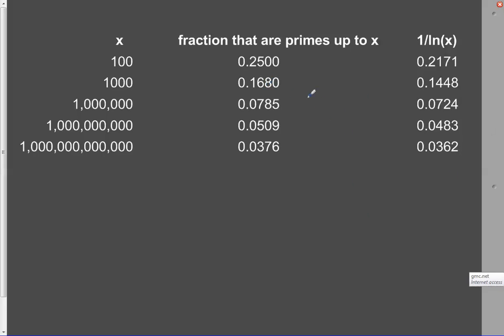For a million, you see we're very close. For a billion, and then for a trillion. And if we kept going, you would see these two numbers matching better and better. So 1 over natural log of x, a very simple formula, turns out to be a pretty good approximation, especially if you're talking about large numbers, for the percentage that are prime.